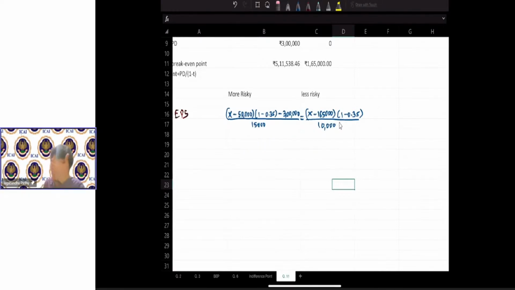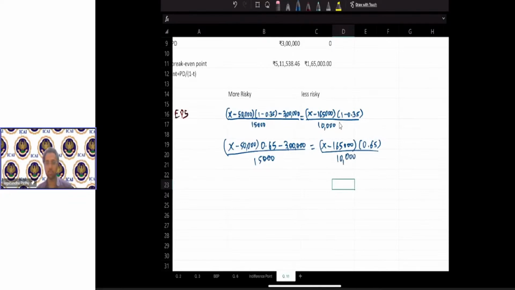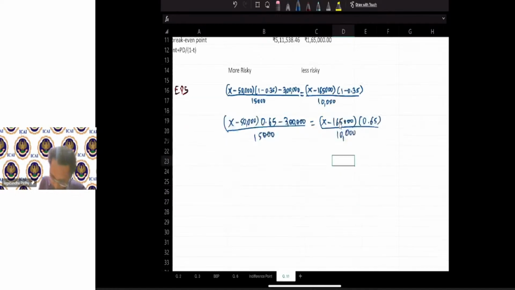Well, it should be X minus 50,000 into 0.65 minus 3 lakh, divided by 15,000, is equal to X minus 1,65,000 into 0.65, divided by 10,000. So you can actually cancel out these two items. This is 2 and this is 3.